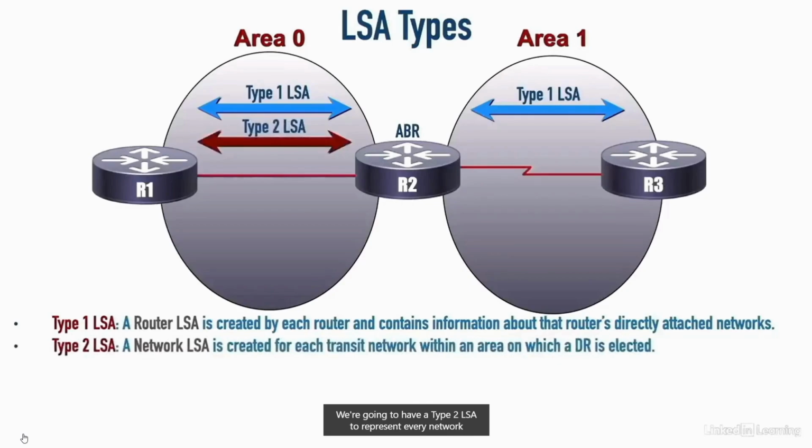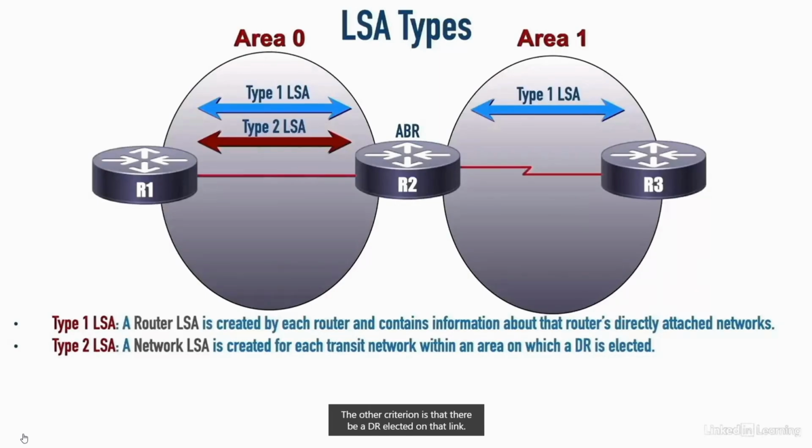We're going to have a Type 2 LSA to represent every network segment within an area if that network segment meets two conditions. Condition one is the network has to be a transit network. In other words, it's interconnecting a couple of OSPF speaking routers. It's not just going off to a switch and connecting to end users, but it's linking together a couple of OSPF routers.